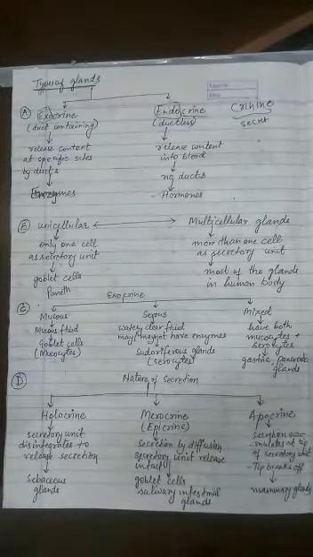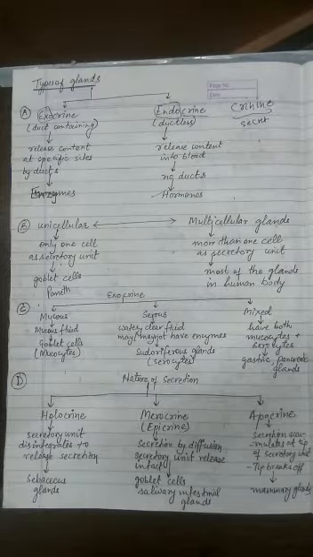But the majority of the glands in the human body are multicellular glands. Such glands are made up of more than one cell, and they all function as the secretory unit. Talk about the salivary gland, the gastric gland, the pancreatic gland, the intestinal gland. All these glands are multicellular in nature.